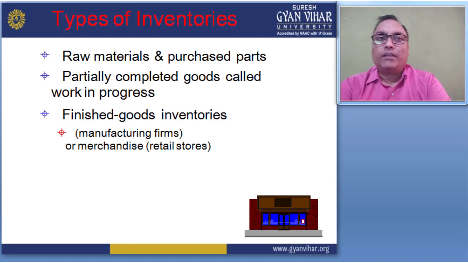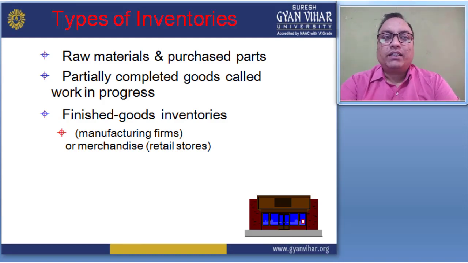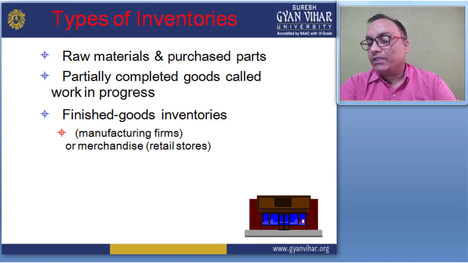Suppose in Honda manufacturing company, if the company makes 1000 bikes in one day, this is the sale of this company today. The next example is partially completed goods called work in progress.